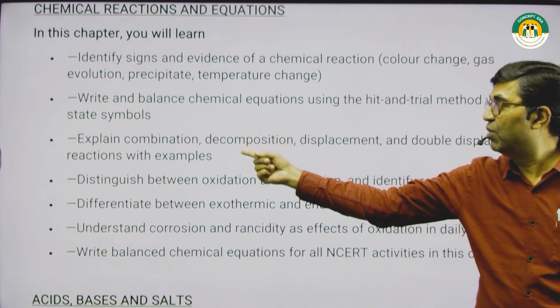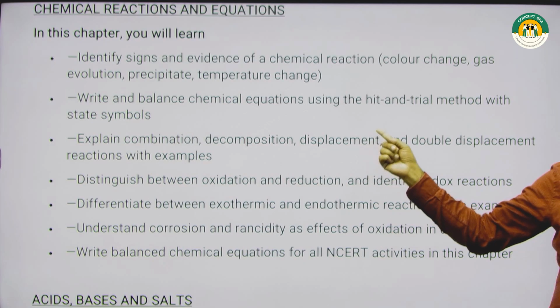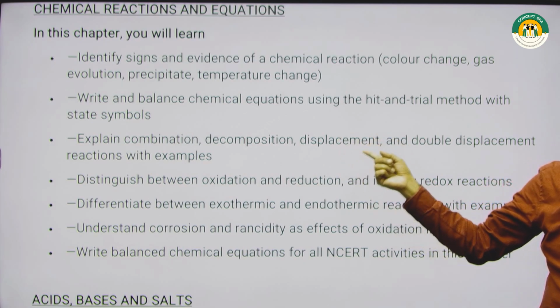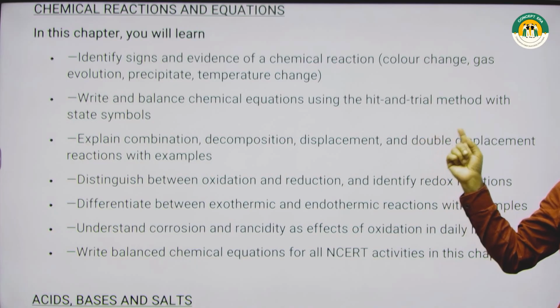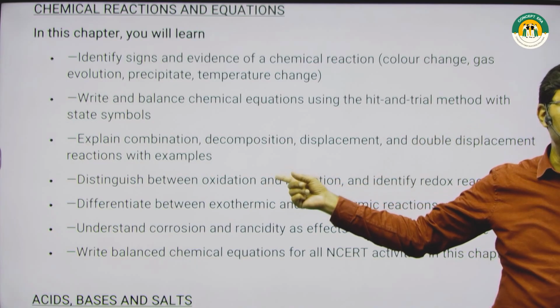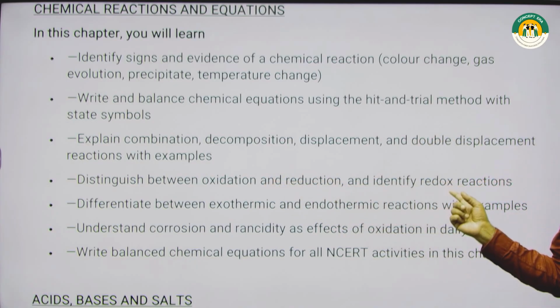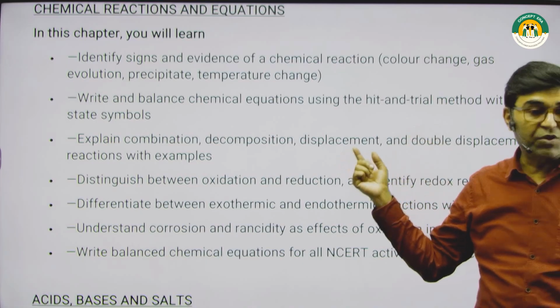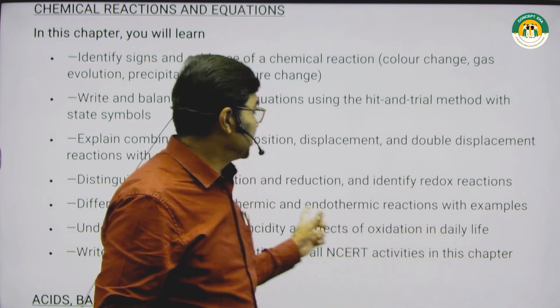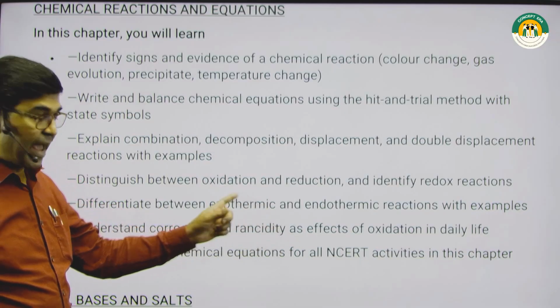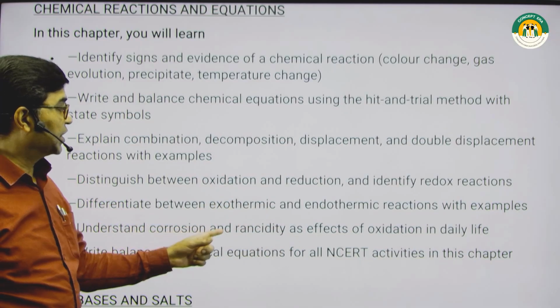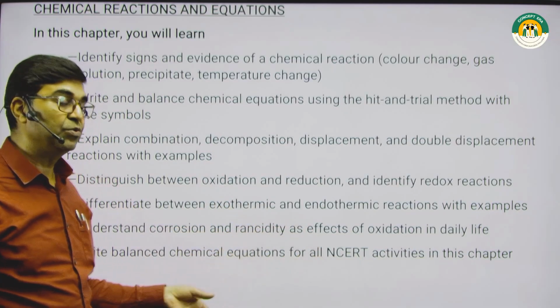You must know all about combination, decomposition, displacement, double displacement, exothermic, endothermic, and redox reactions. You must be able to distinguish between reduction and oxidation, reducing agent and oxidizing agent, distinguish between exothermic and endothermic reaction, and explain the concept of corrosion and rancidity and how to avoid those.